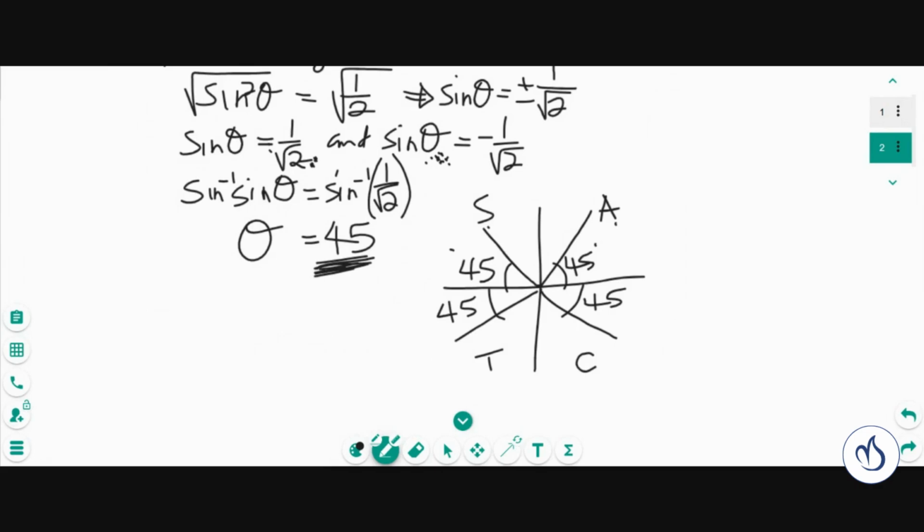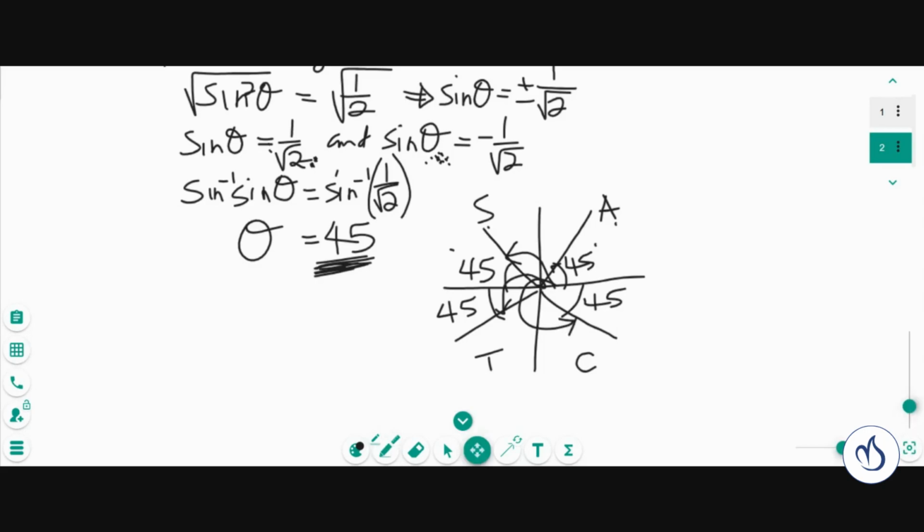Then I now have to measure the angles from the positive x-axis anticlockwise. This one is automatically 45. I want to know what angle this is, I also want to know what angle this is, and finally what angle this is.